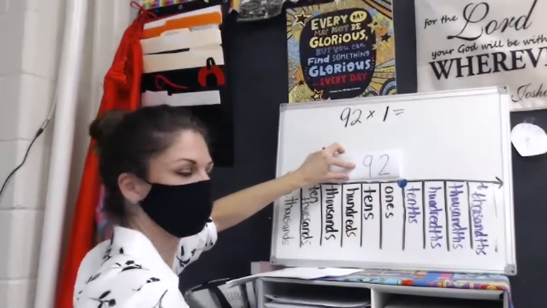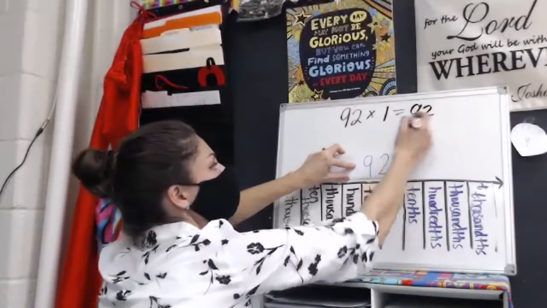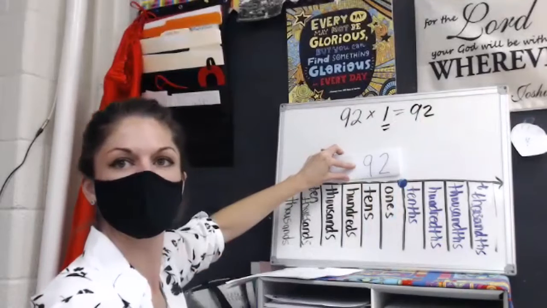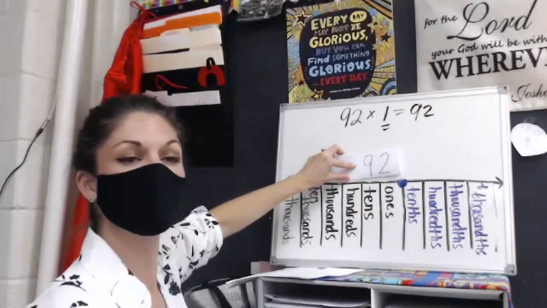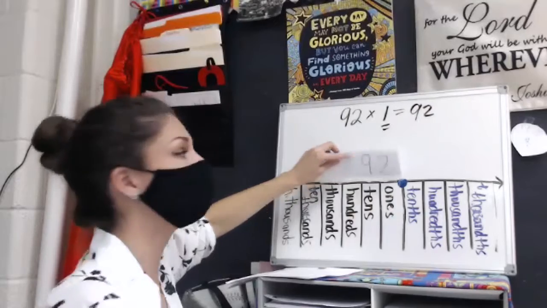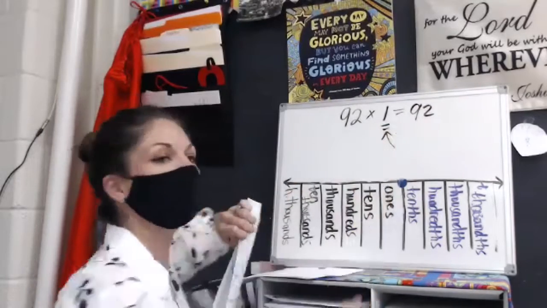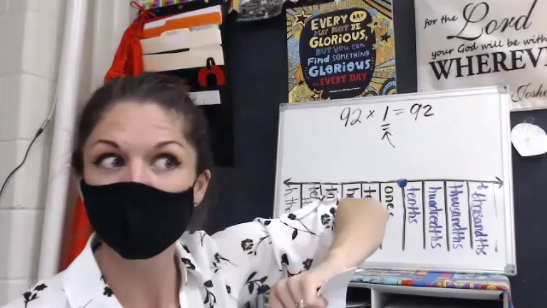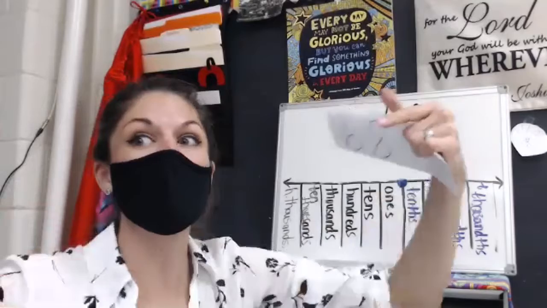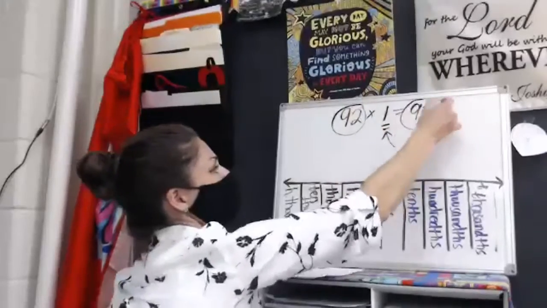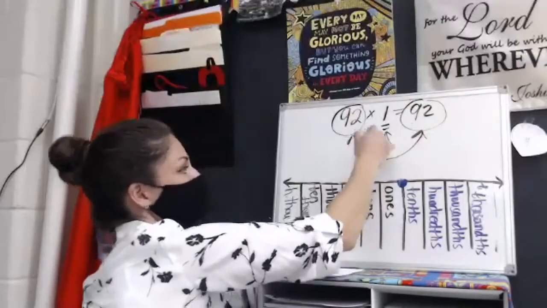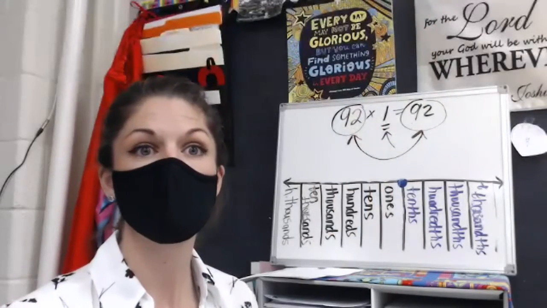So there's no shifting on the place value chart. 92 times 1 is just 92. Tell me the name of the property. Identity. Because the 92 is showing its identity on the other side.